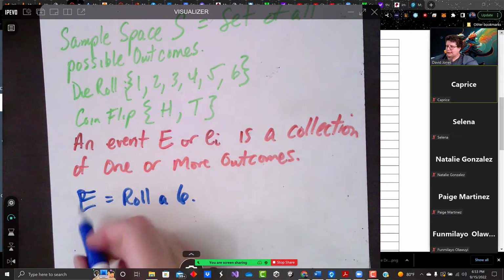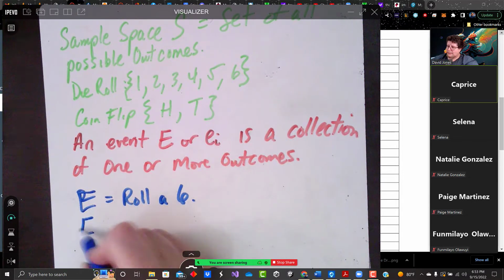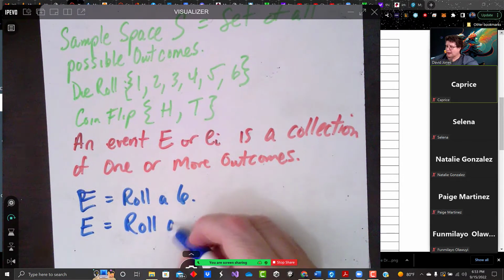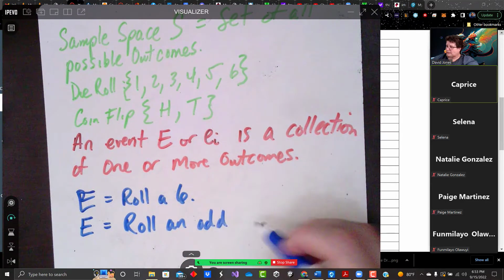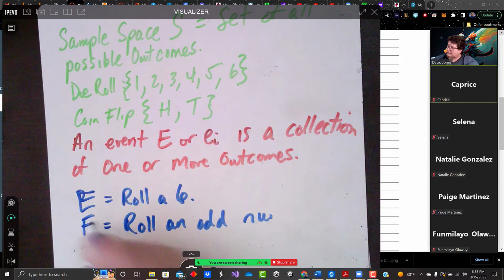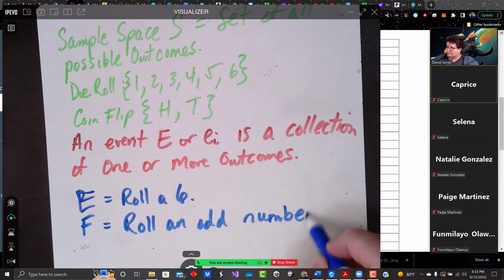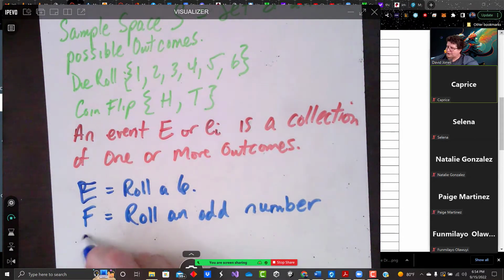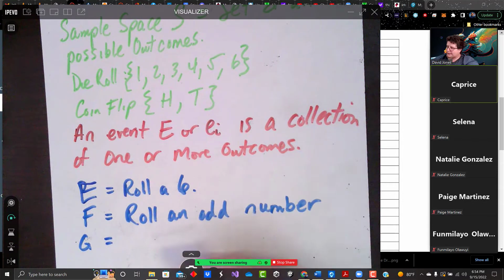Or E could be roll an even number or an odd number. Maybe I'll use different letters for now. Or I could say roll a 1 or a 6, like maybe I want the highest or lowest number.